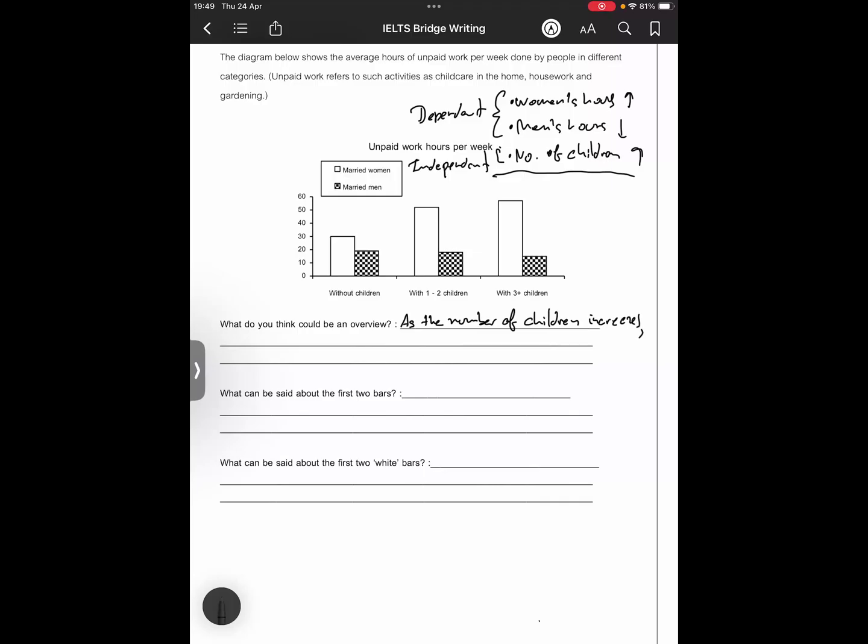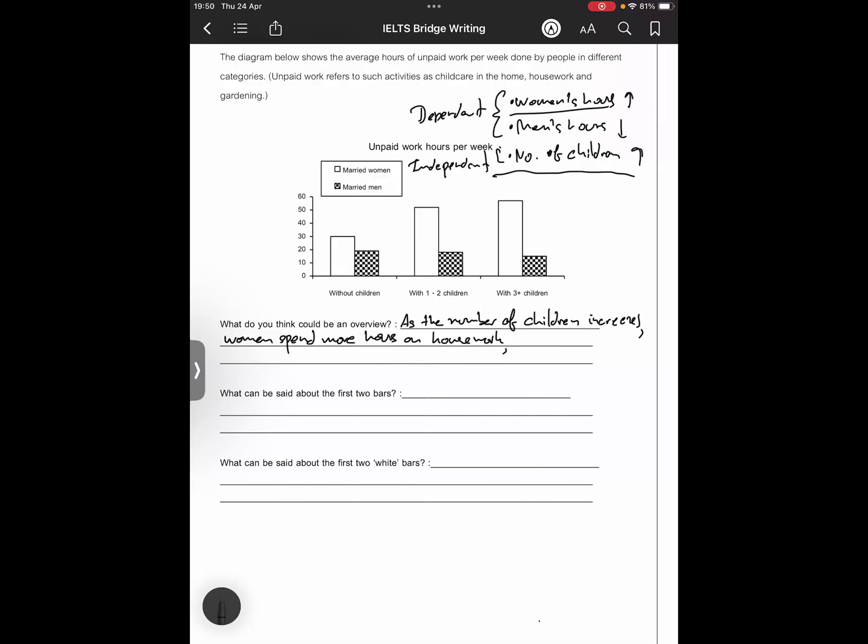Now, two different types of people are going to do different things. If you talk about women's hours first, as the number of children increases, what do women do? Their hours increase, right? Which means they spend more hours on housework. Women spend more hours on housework. But the men have the opposite trend.